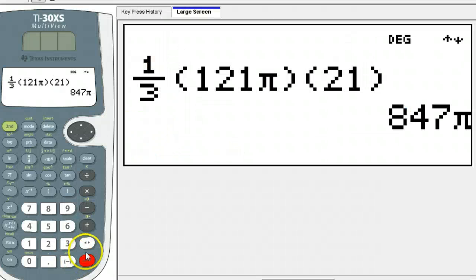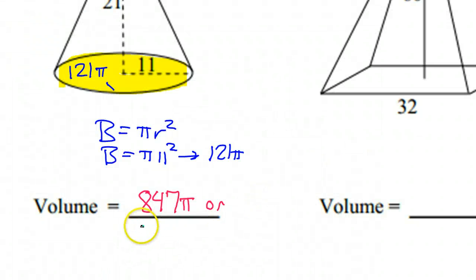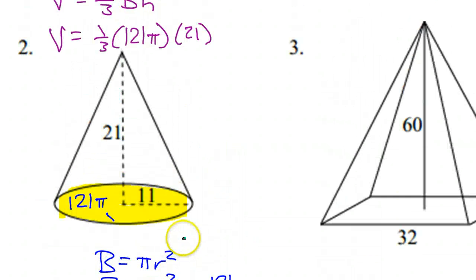Let's get the decimal as well. 2660.93. Okay, so that is the answer to problem number 2.